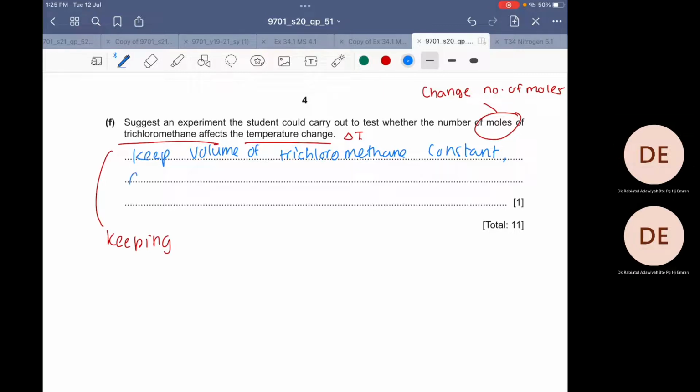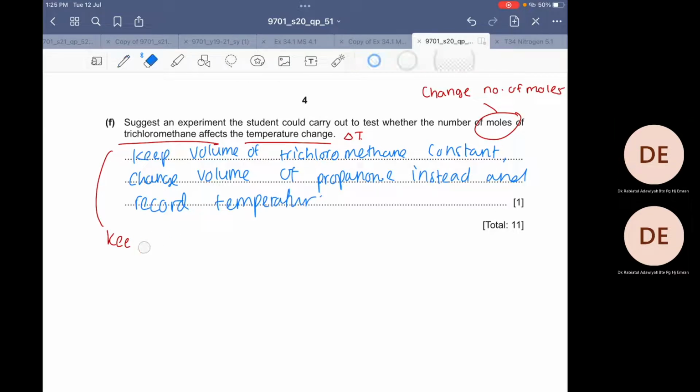So you change the volume of propanone instead. And of course, record the temperature. How does this work?